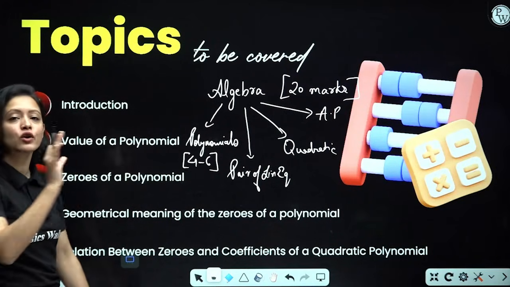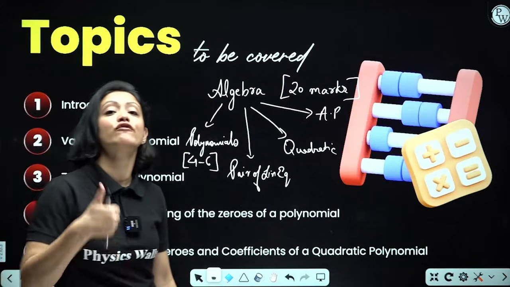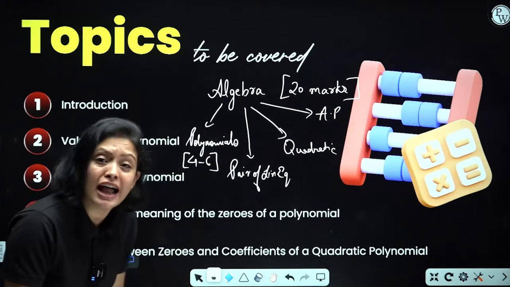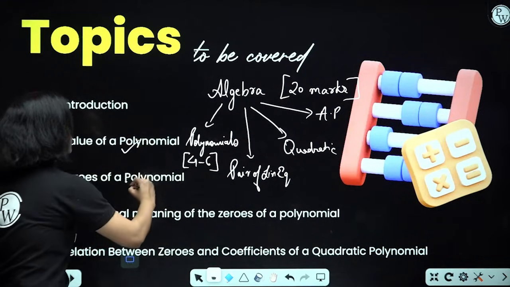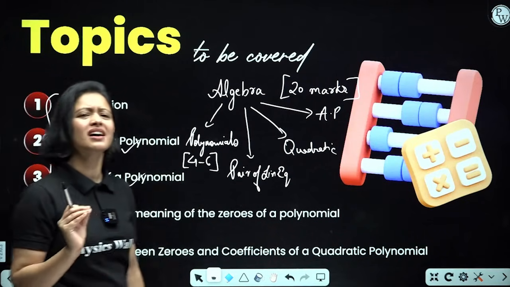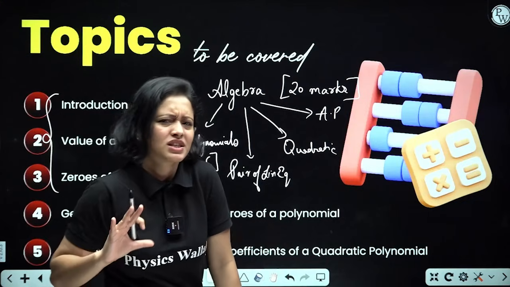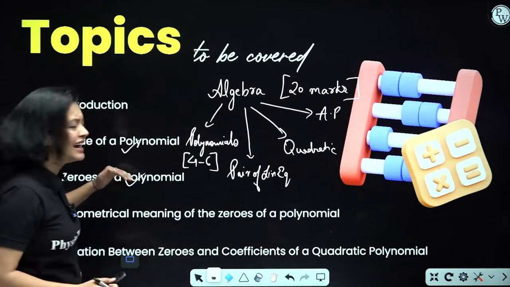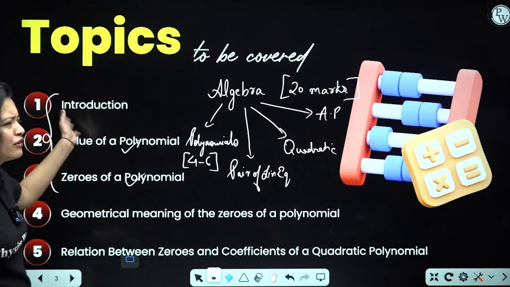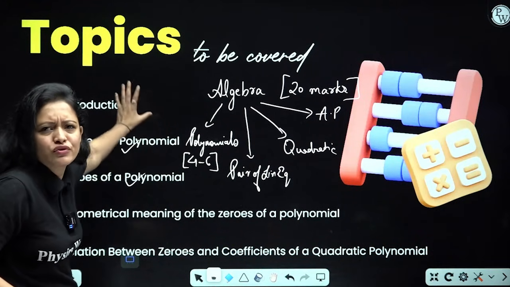So first of all, we are going to introduce ourselves to the concepts of polynomials, degree of a polynomial, then we'll come to value of polynomial and then zeros of a polynomial. Now, these 3 are the topics from which very few questions come, if any. You can get questions from zeros of polynomial, MCQ type questions, but apart from that, you don't get many questions from the other topics.